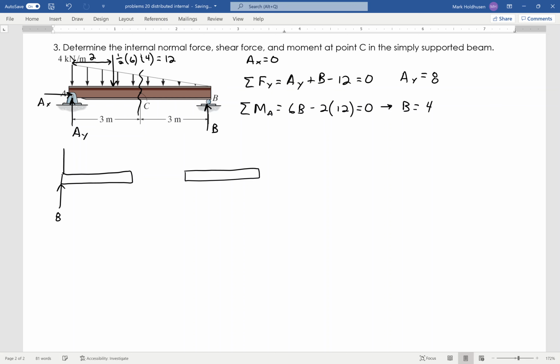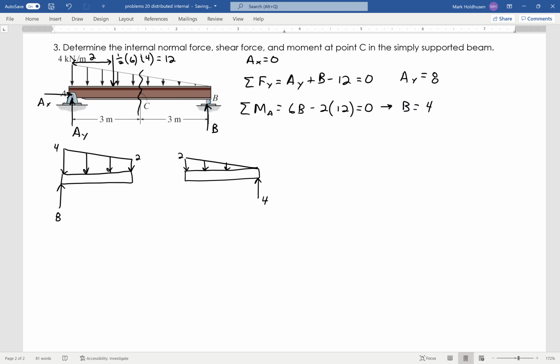Then I've got this distributed load, which starts at 4, and halfway down it'll just be at 2. Over on the other side, I have the exact same thing, picking up at 2 all the way down to the end. I got that because I'm cutting it at the middle, so with a straight line, it's just going to be at the middle there. Then at B, I have 4.